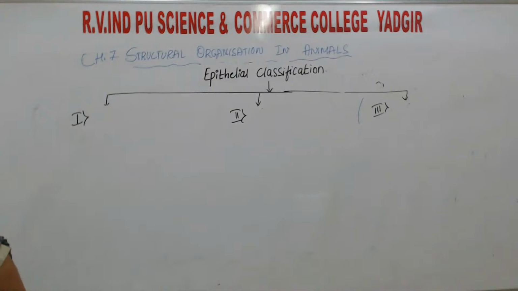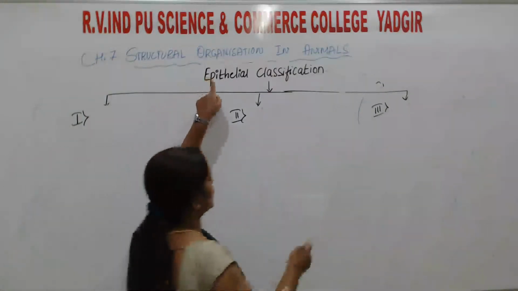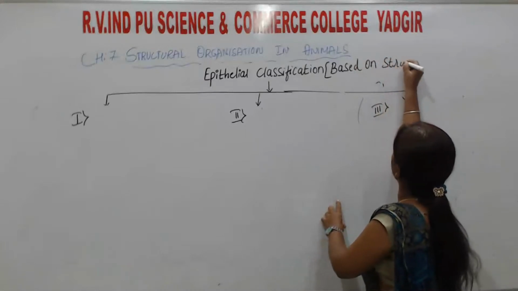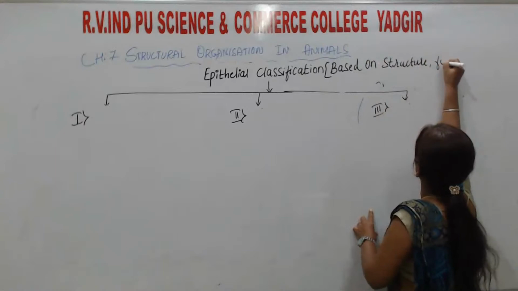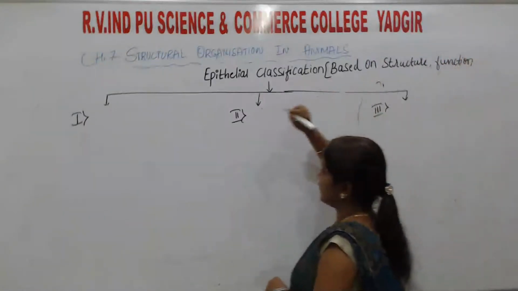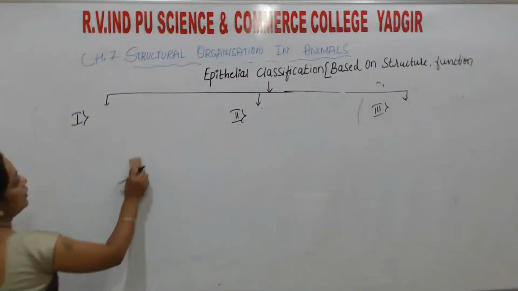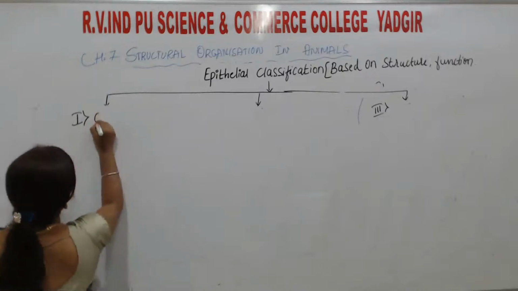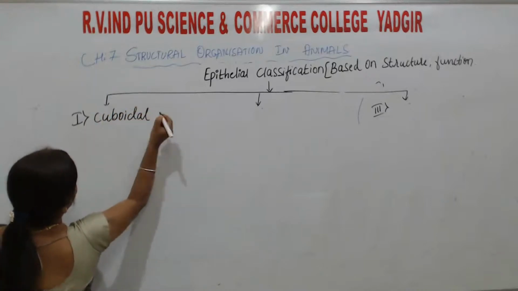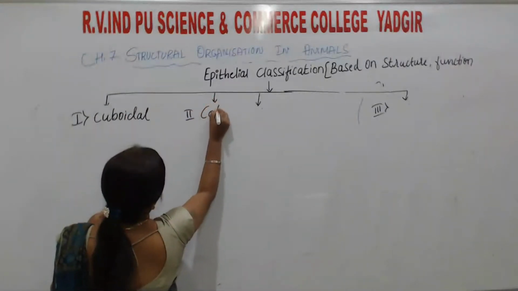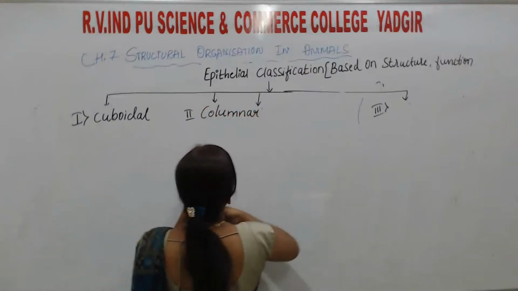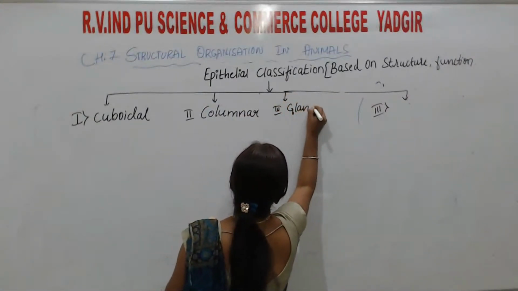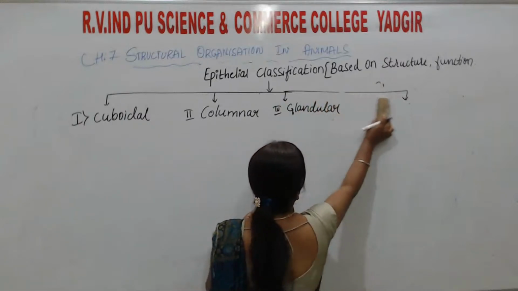Based on the cell shape, structure and function, epithelial classifications are based on structure and function, classified into cuboidal, columnar, glandular.